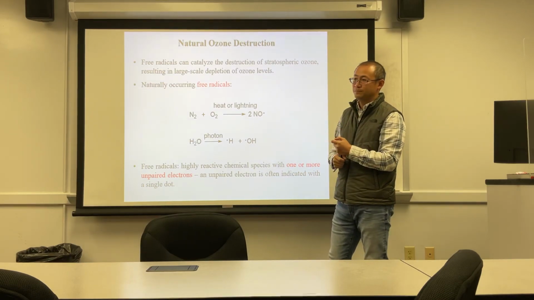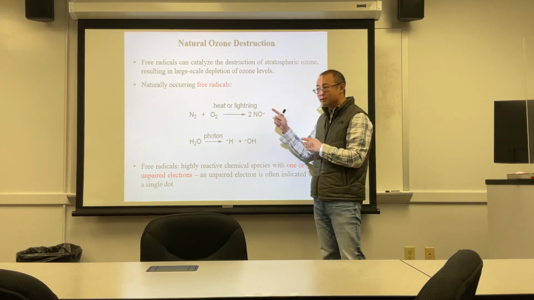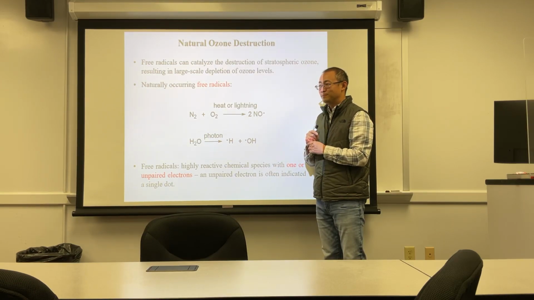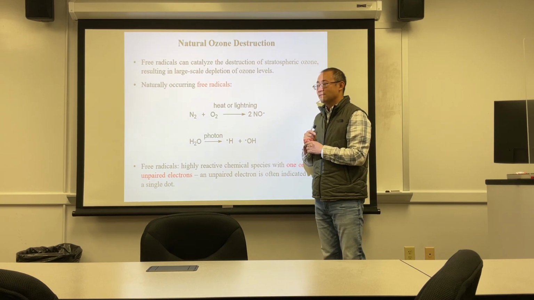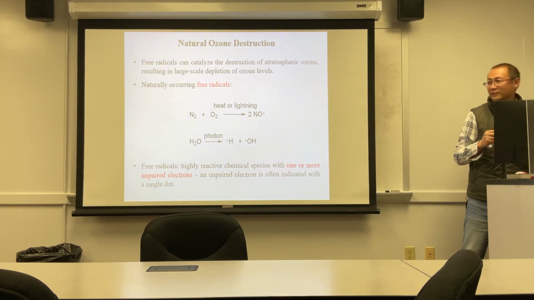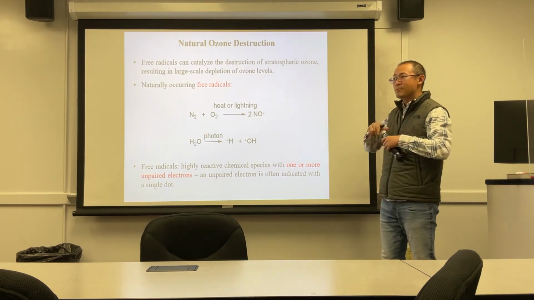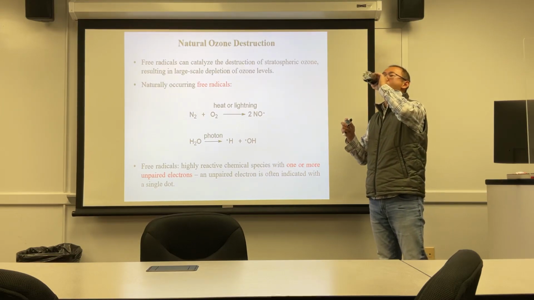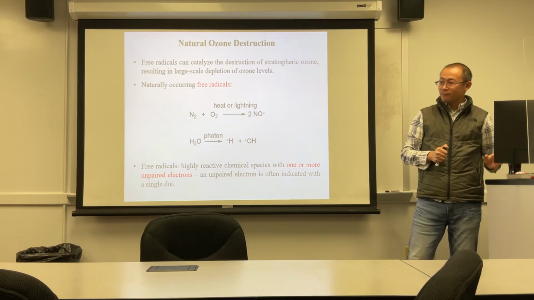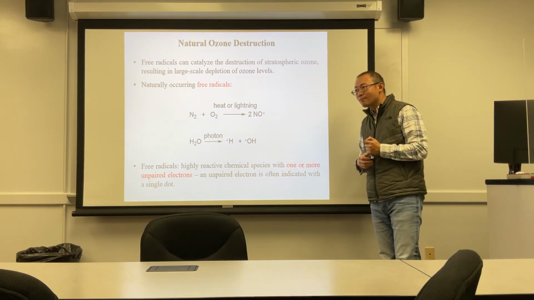Nitrogen monoxide. If you look at this molecule, if I ask you to calculate the total number of electrons, how many? Six for oxygen and five for nitrogen.